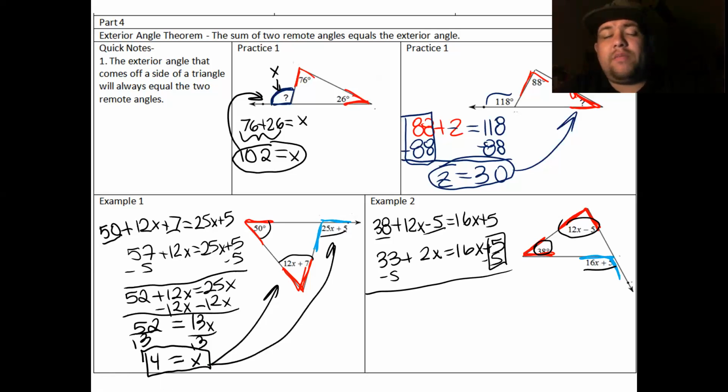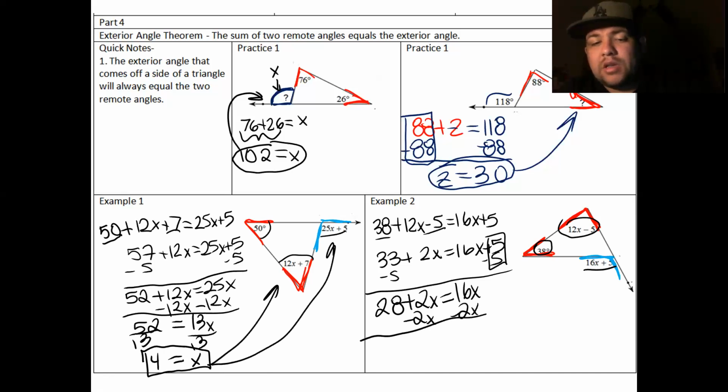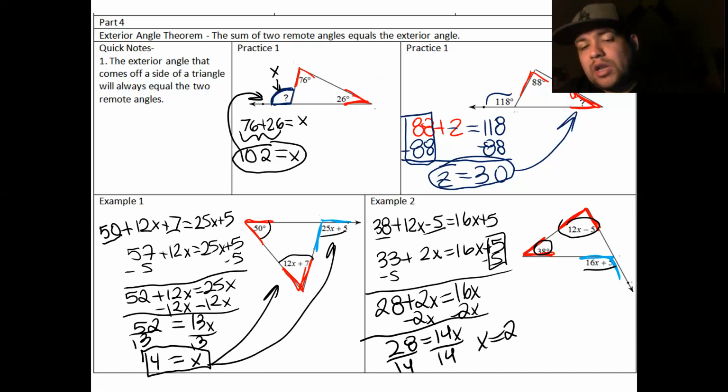Take away 5 from 33, that's 28, plus 12x equal to 16x. Subtracting 12x from both sides, we're going to be left with 28 is equal to 4x. Divide both sides by 4. And we're going to get x is equal to 7.